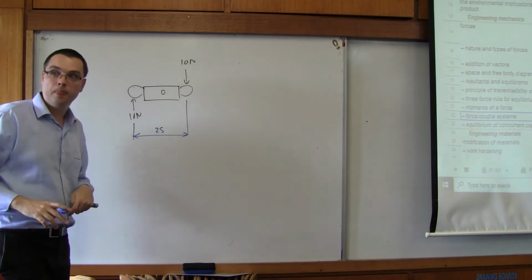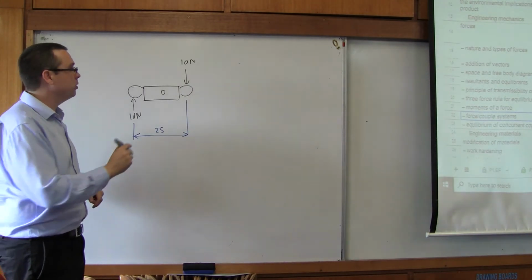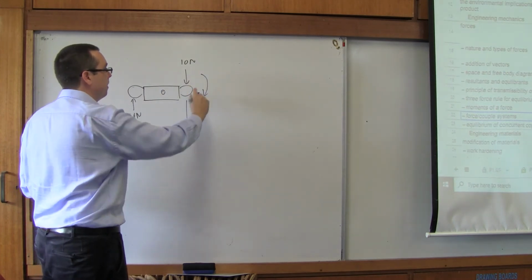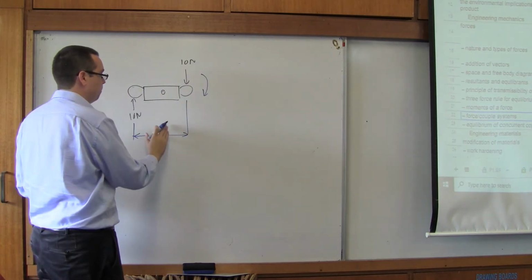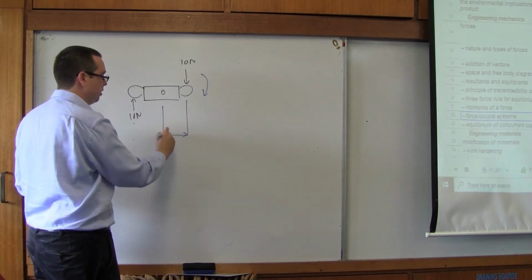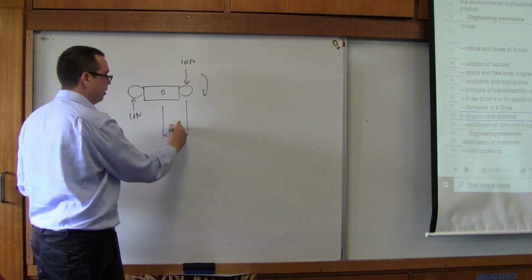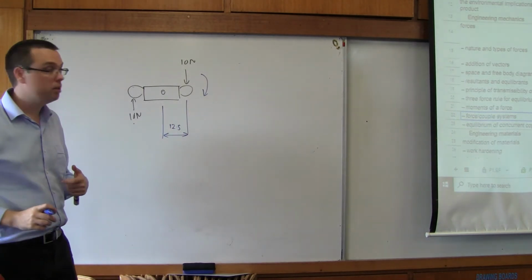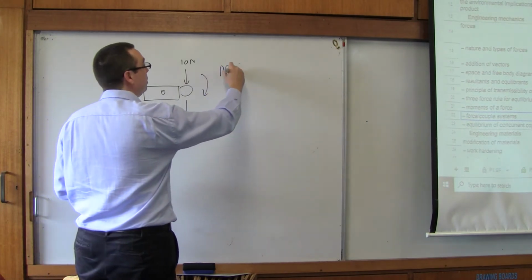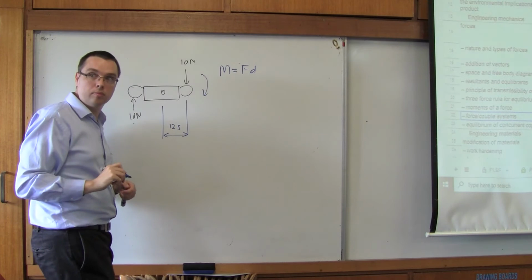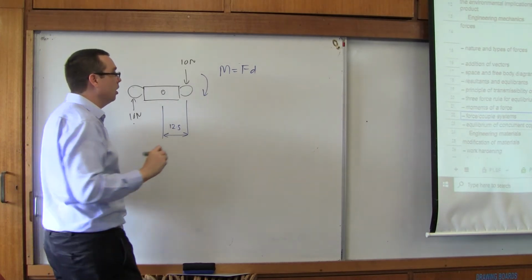Well, if we took the forces, the turning force around this point, what's it going to be? If we took the force times perpendicular distance, moment equals force times distance equals 250 millimeters.